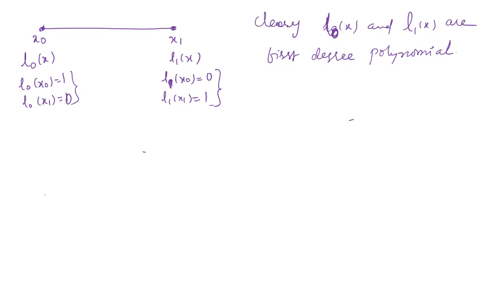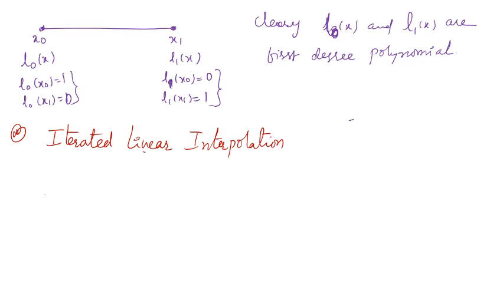This is about Lagrange's. Now coming to another interpolation, iterated linear interpolation. This is another one. From this, again you have to derive up to equation 4, same process.